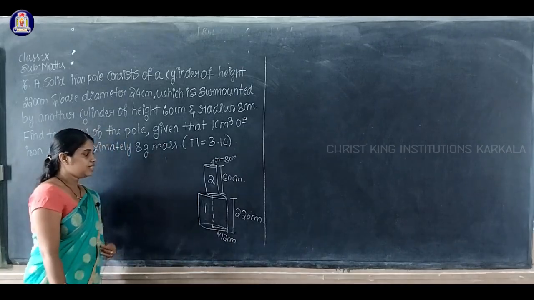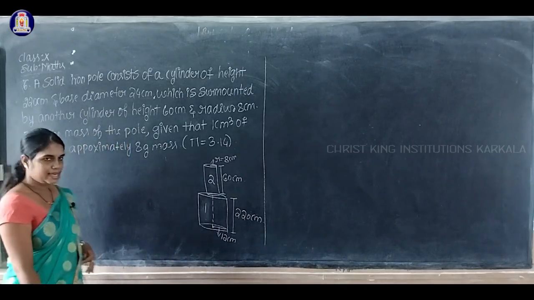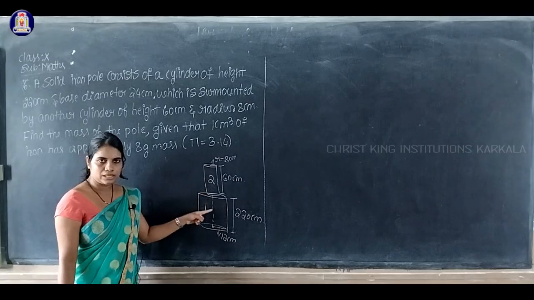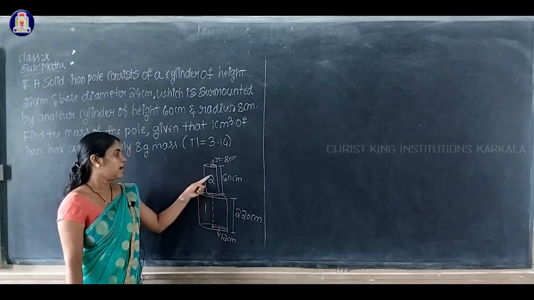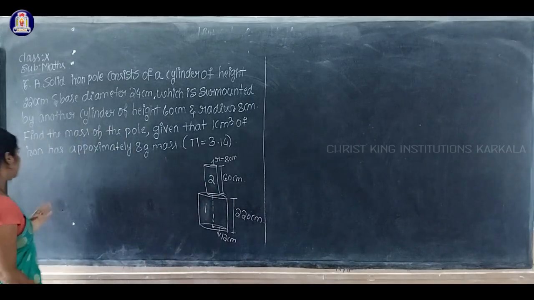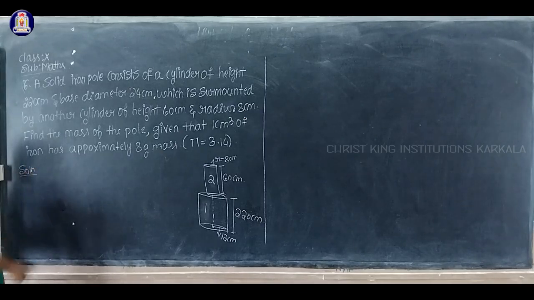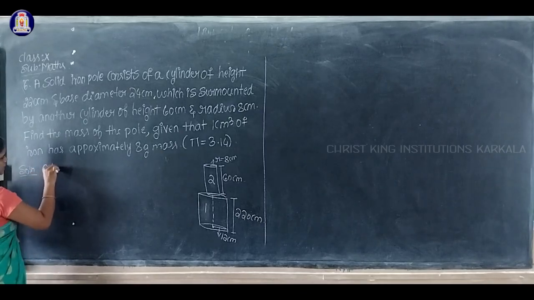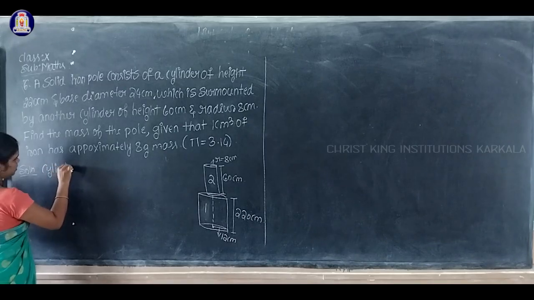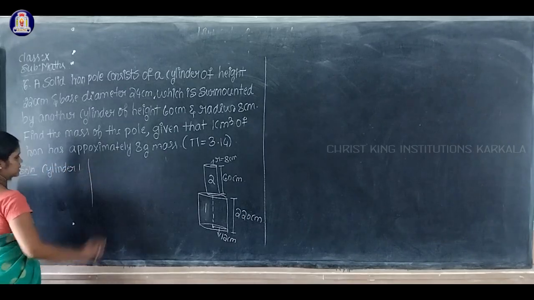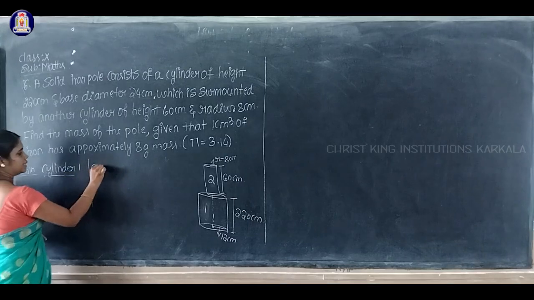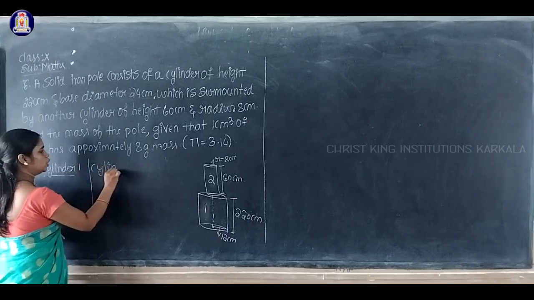First I'll write the given data for the two cylinders. Here you will be having two cylinders. This is cylinder 1 and this is cylinder 2. So, solution. First I'll consider cylinder 1, and next cylinder 2.